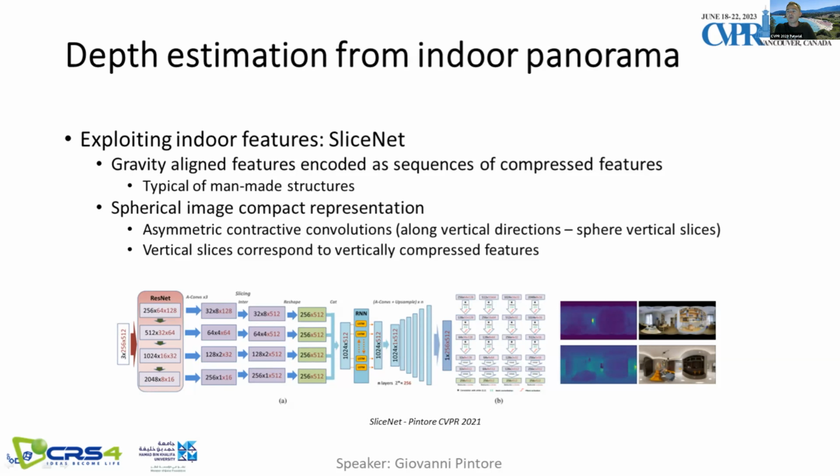So, for example, walls are vertical, and the scene generally varies more along the horizon, in a panoramic image, than in the vertical direction. Furthermore, since the indoor scene is represented as a spherical view, image features can be encoded with an asymmetrical encoding that is contracting image columns, also known as slices. This works only along the vertical direction.